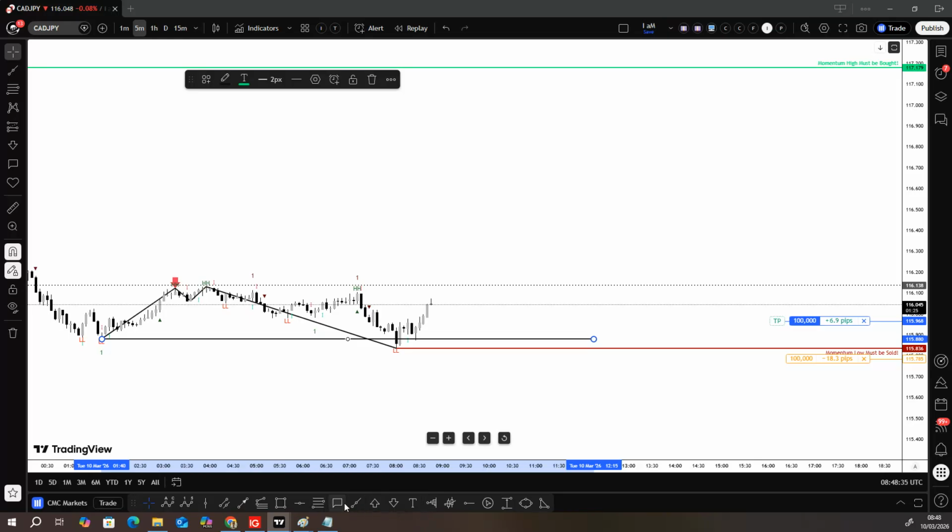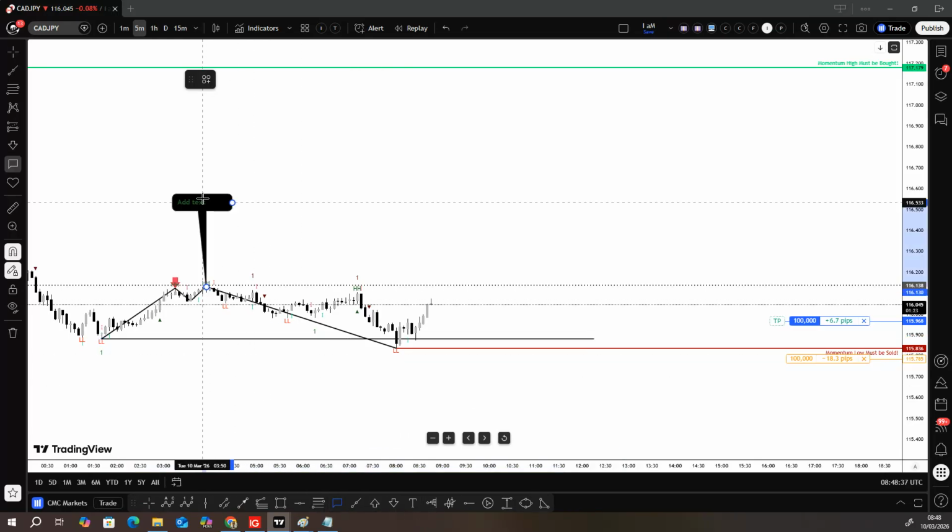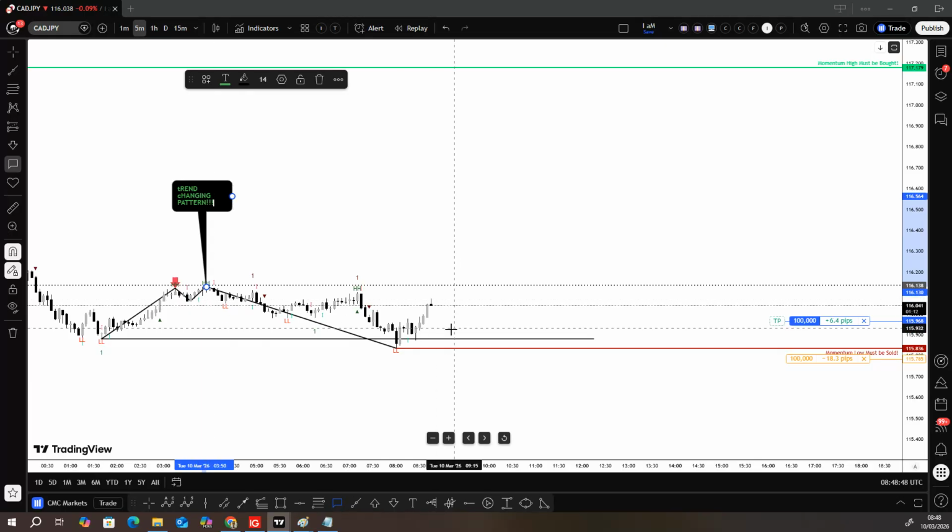It means the buyers are now looking for higher prices. Where would they buy? At the low. This is the concept where all the gurus will tell you buy low, sell high, buy low.